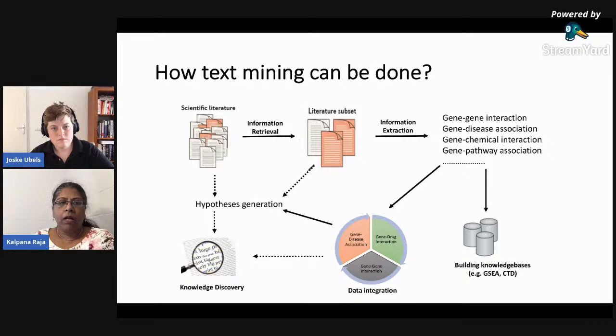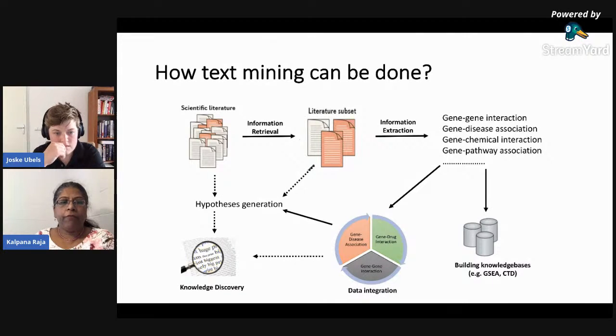So now, let's see how text mining can be done. The main resource for our research is PubMed articles. Currently, PubMed contains more than 30 million articles. Luckily, it is free for use. The first step in text mining is to get the subset of articles which we are interested in.